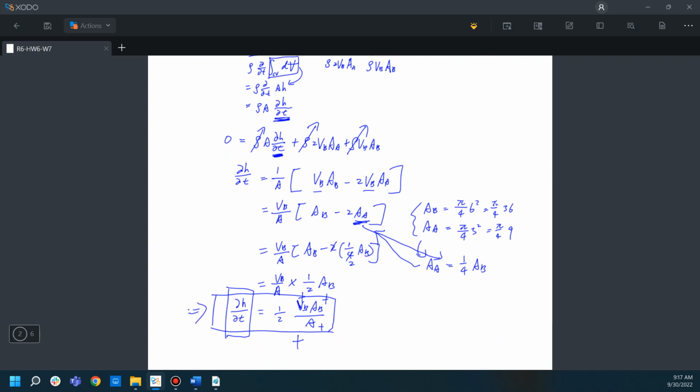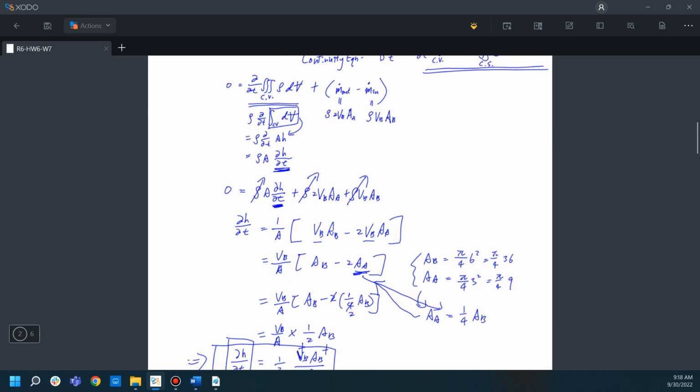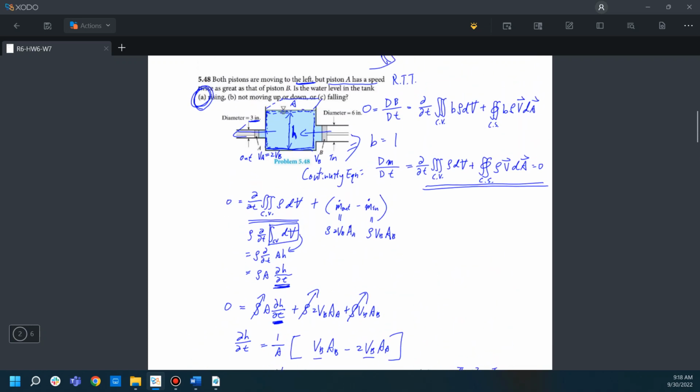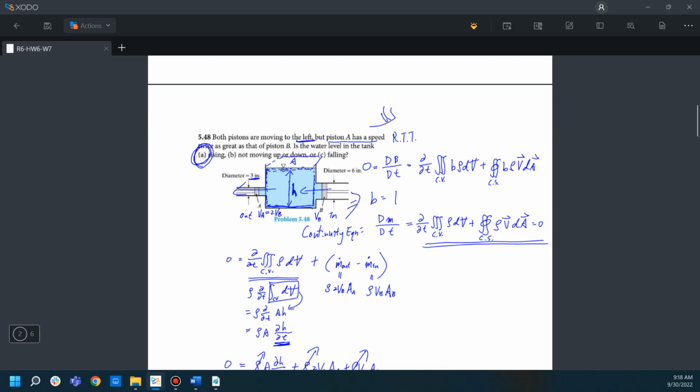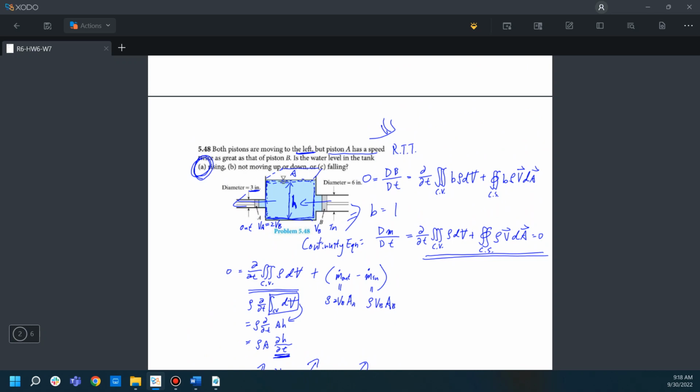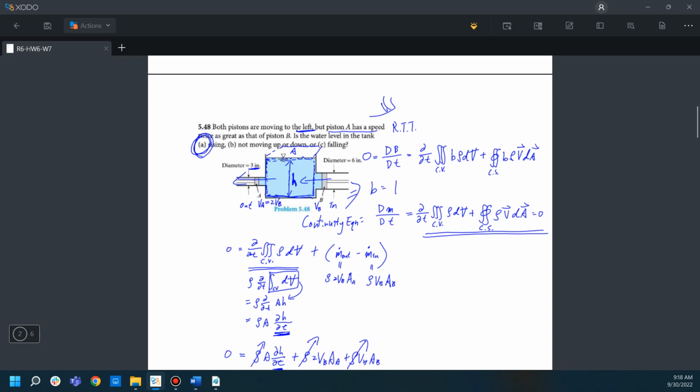After you identify and simplify all those terms, we get that the partial H partial T is a positive number, and that tells us the water inside this control volume is rising. Okay.